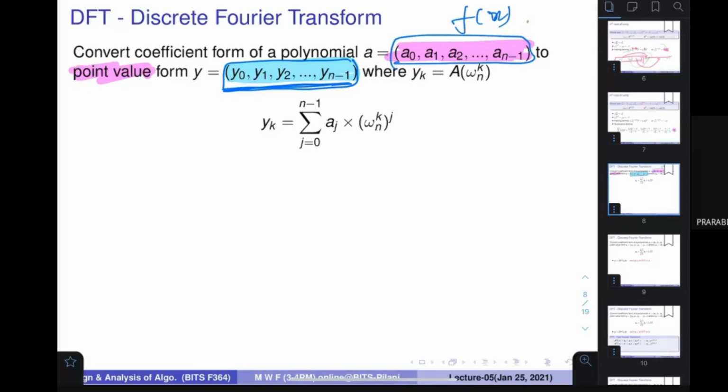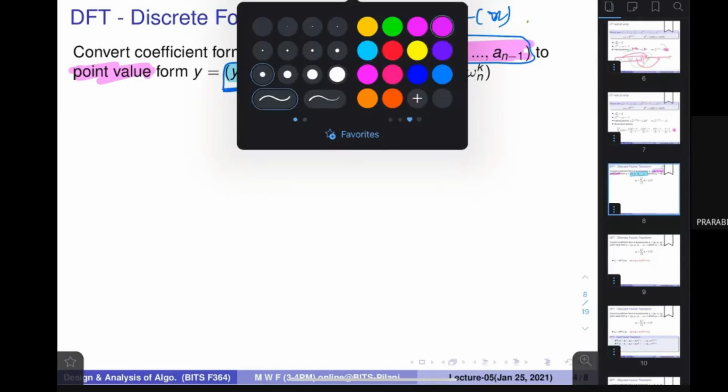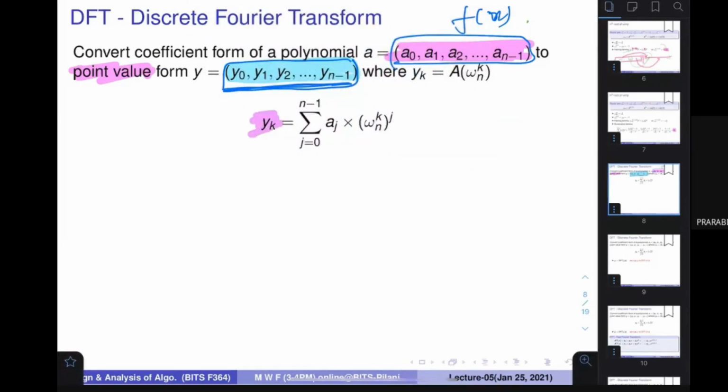And this is not important, because ultimately if you want to find any particular kth value, you take omega n to the power k and multiply it term by term with the summation to find the value of that expression. It is just a computation of that function. It is just a fancy way of writing the same thing, finding out what these y's are. Any questions right till now?